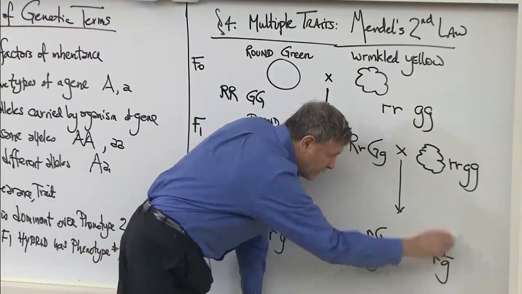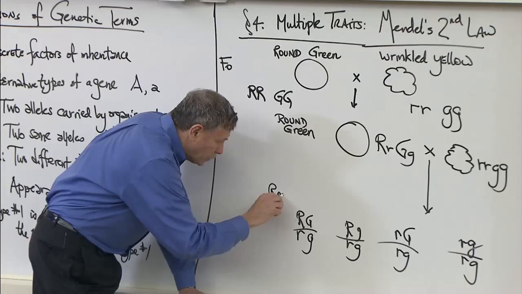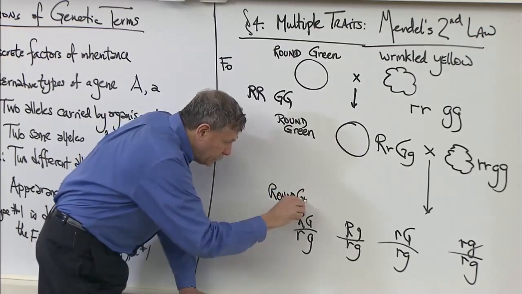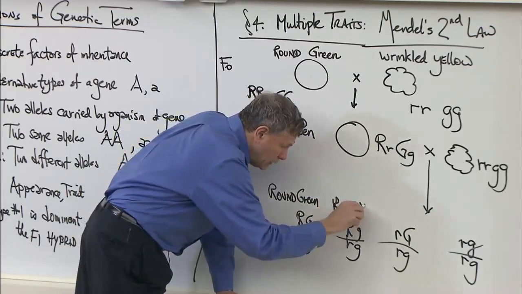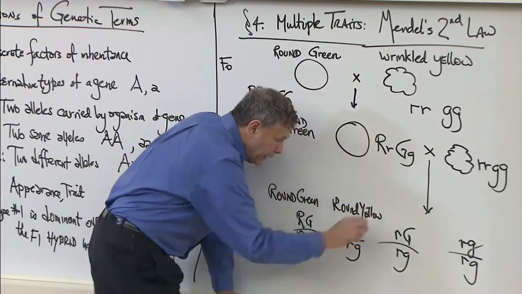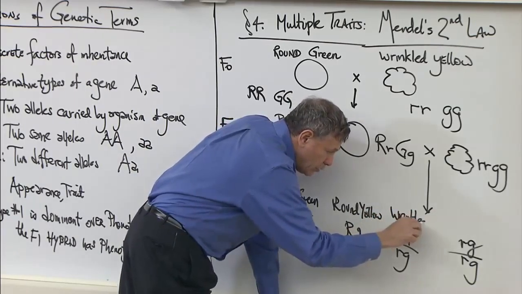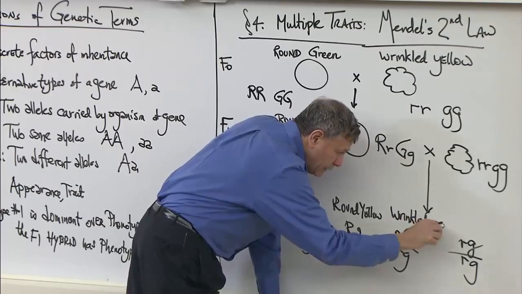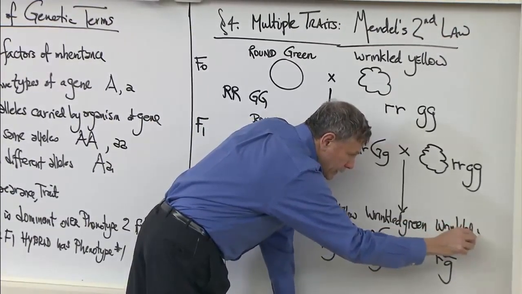Those are the 4 possibilities. And what will that produce? That'll produce round green. It'll produce round yellow. It'll produce wrinkled green and wrinkled yellow.